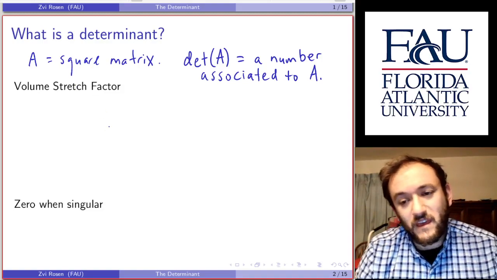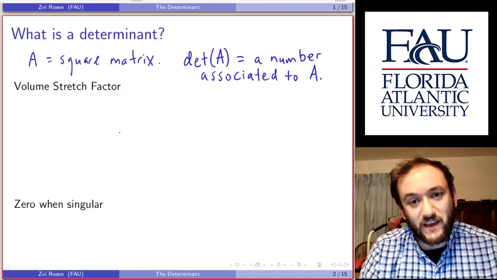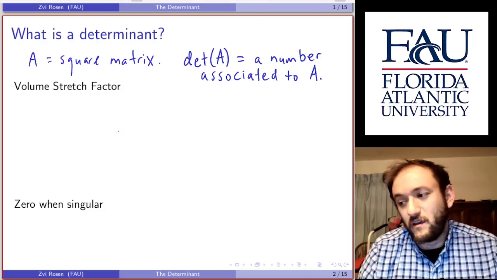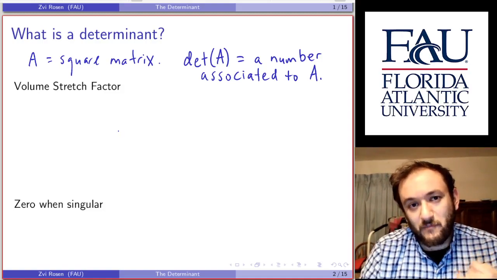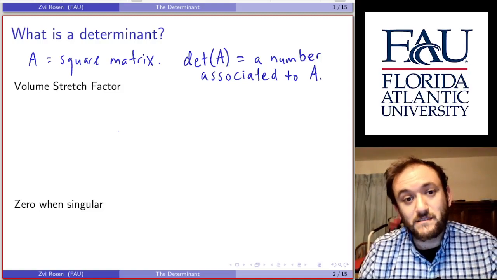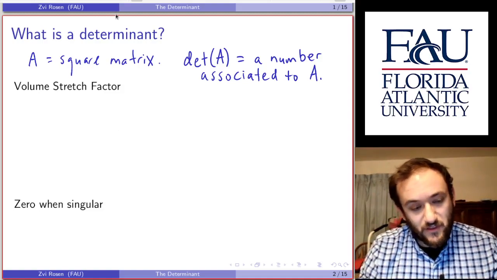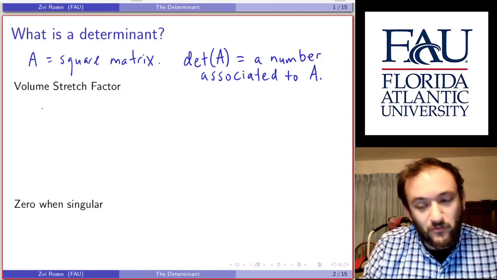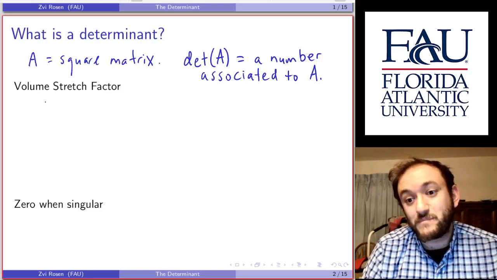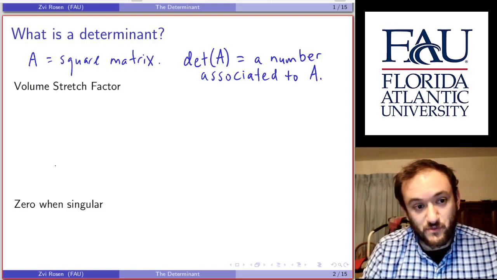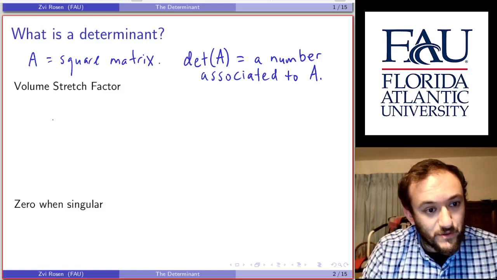Well, one way to think about it is as a volume stretch factor. Here we need to remember how we treated matrix transformations as mapping one space to another. Some of our matrix transformations were maps from R2 to R2, so maps of the plane. So here's an example.